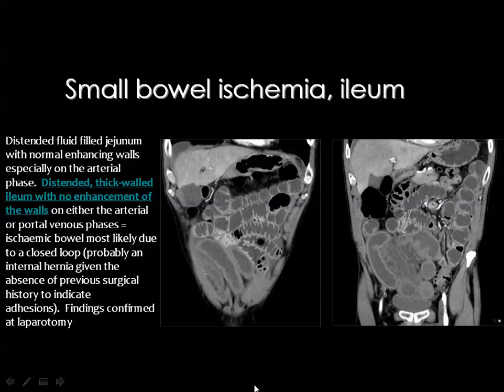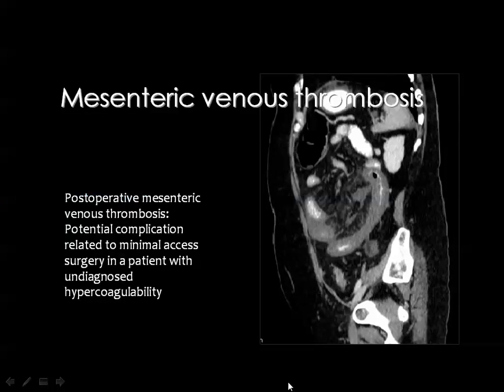Also here you can see a normal enhancement of the non-ischemic bowel, while the ischemic bowel shows maybe no or faint enhancement of the wall. Then this is also a case of mesenteric vein thrombosis with affection of one of the intestinal loops.